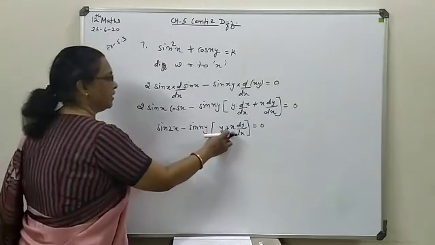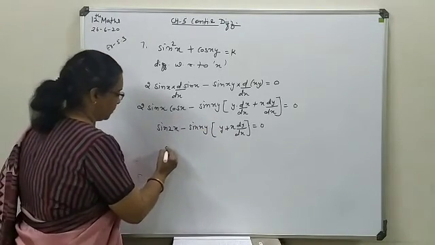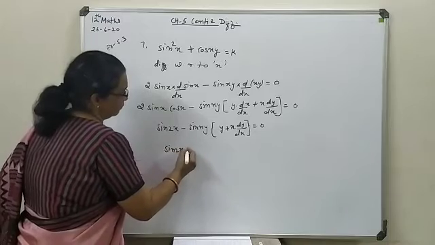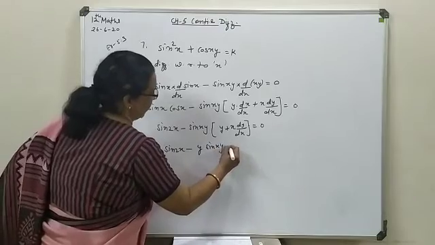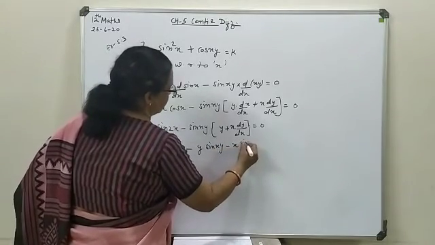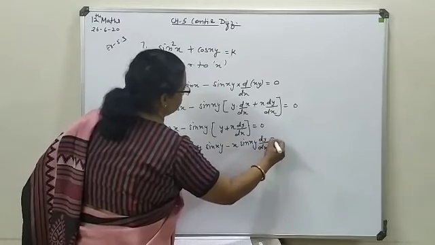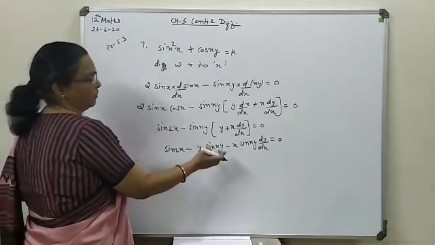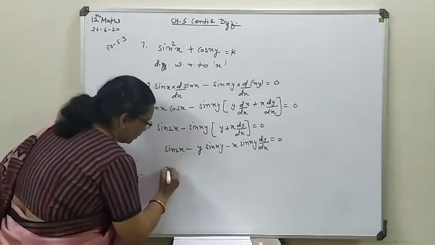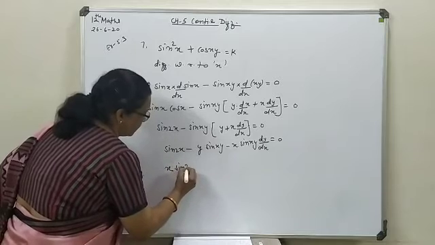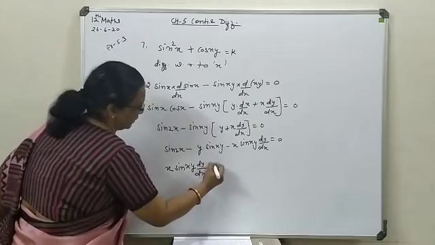Now multiply these two by sin xy and make separation of the dy by dx term. y you keep at the first position, minus x sin xy dy by dx. It is a negative term, so it is better to shift this term to the other side. So that will be x sin xy dy by dx. We want separation of the term, that's why we are writing on this side.